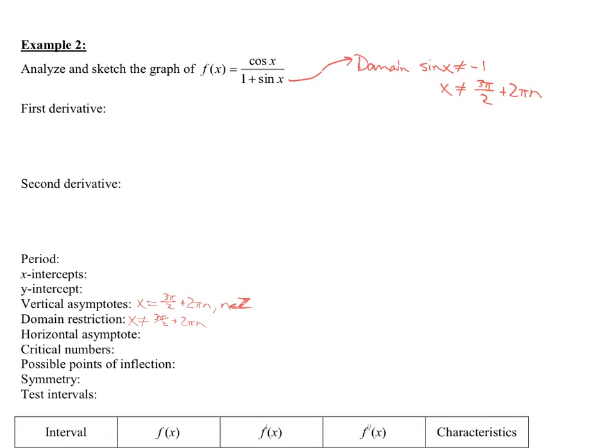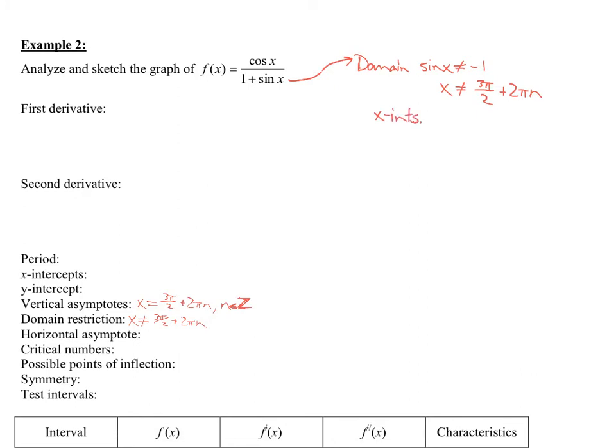What else can we find without having to do any calculus? Intercepts. So x-intercepts, where are those going to be? When y is 0, so this whole fraction has to equal 0. That means the top has to be 0, cosine has to be 0.